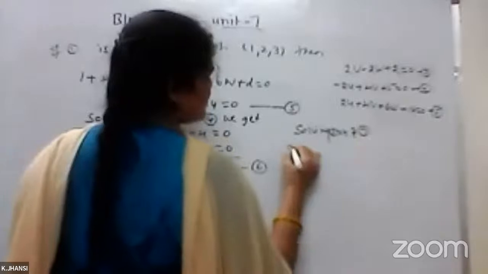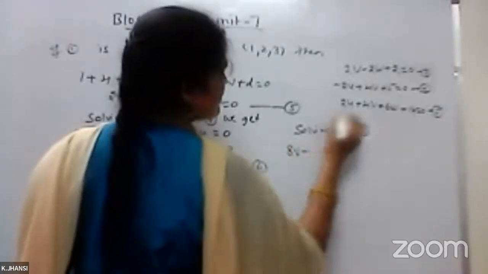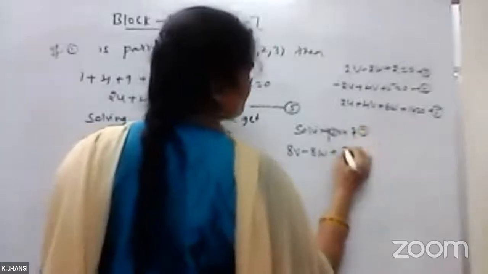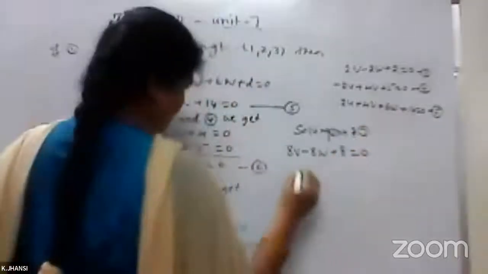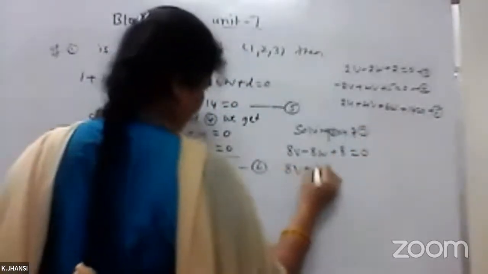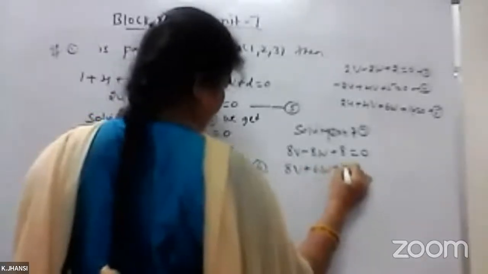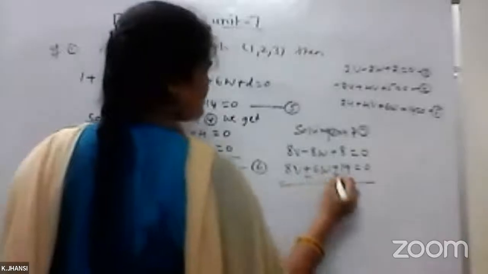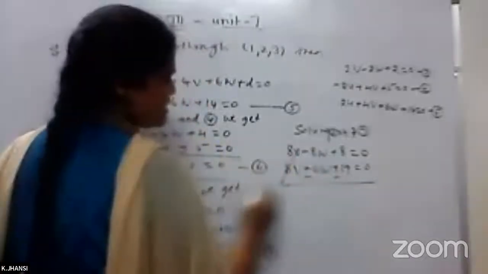So 3 into 4 means 8V minus 8W plus 8 equals to 0. Here it is 8V plus 6W plus 19 equals to 0. So minus, minus, minus. Both will get cancelled.